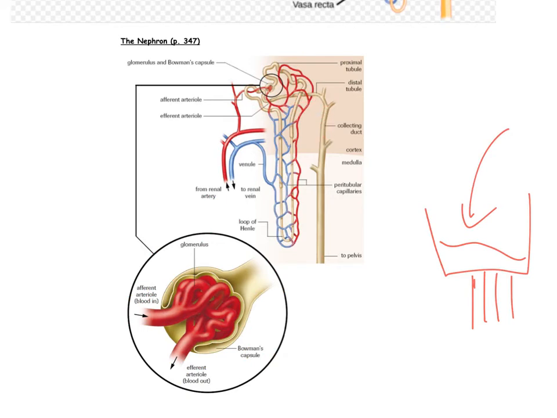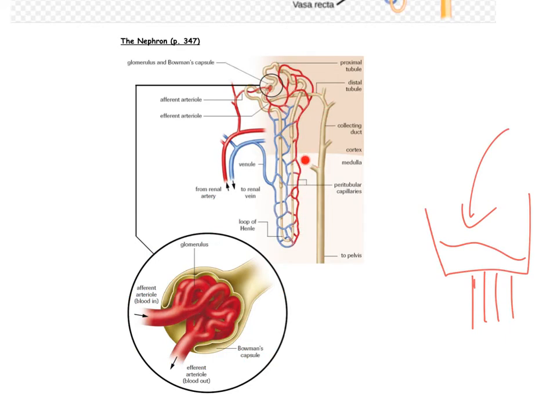With millions of nephrons in your kidney, you would need some kind of common collecting duct for all of the waste that manages to make its way through the nephron, right?